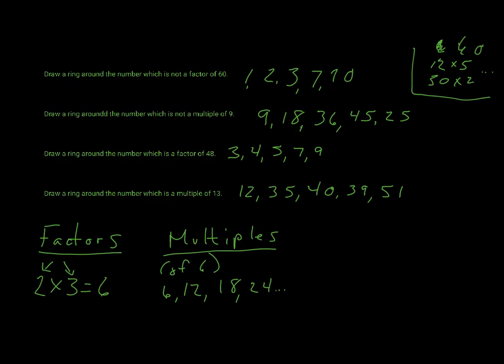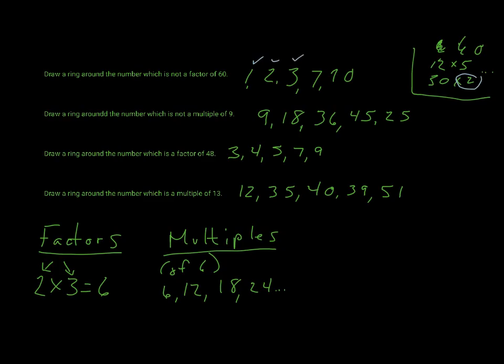So, the number that is not a factor of 60. Well, 1 is a factor of every number. 2 could be, because it's right there, so we don't want 2. Do we want 3? We know that 60 can be divided by 3 to give 20, so we don't want that one.